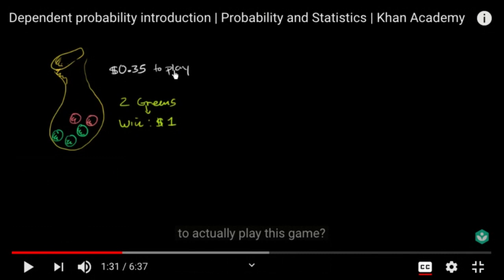First of all, what's the probability of getting a green marble the first time you pull it out? It's 1 in 5, so what's that probability? 1 in 5? What's 1 over 5 equal? 20%, right?